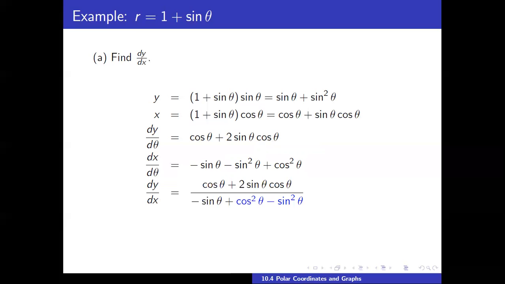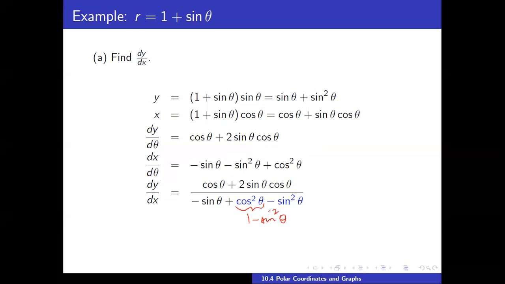How would I do that? What would I replace cos squared with? 1 minus sine squared, of course. I'm going to replace this with 1 minus sine squared of theta. And therefore, I would have 1 minus 2 sine squared theta minus another sine theta.